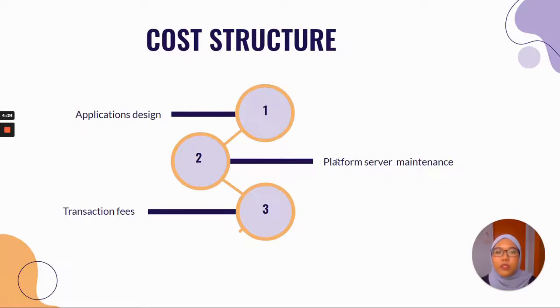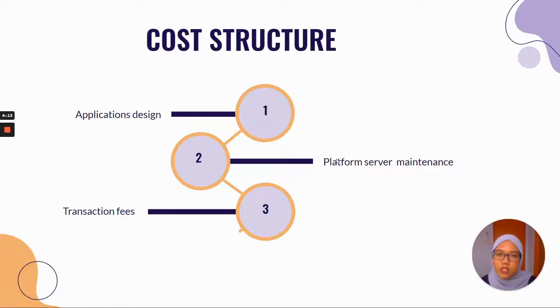We will also prepare a prospective cost, as our business will keep growing, to do the maintenance for our platform server. And lastly, we will be paying for the transaction fee. As our e-hailing service business includes the online payment features, we need to consider the transaction fee when our customers pay for our service using the online payment features.